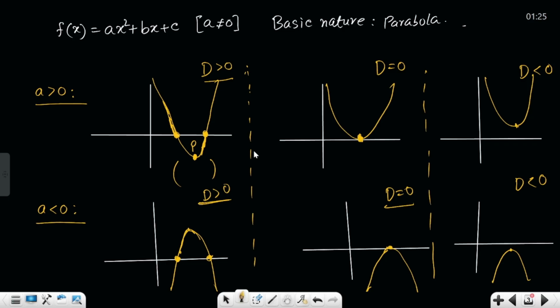The x coordinate will be the value where ax square plus bx plus c is minimum or maximum, right? If a is greater than 0, it will be the minimum, and for a less than 0, it will be the maximum. You can see the graph also.